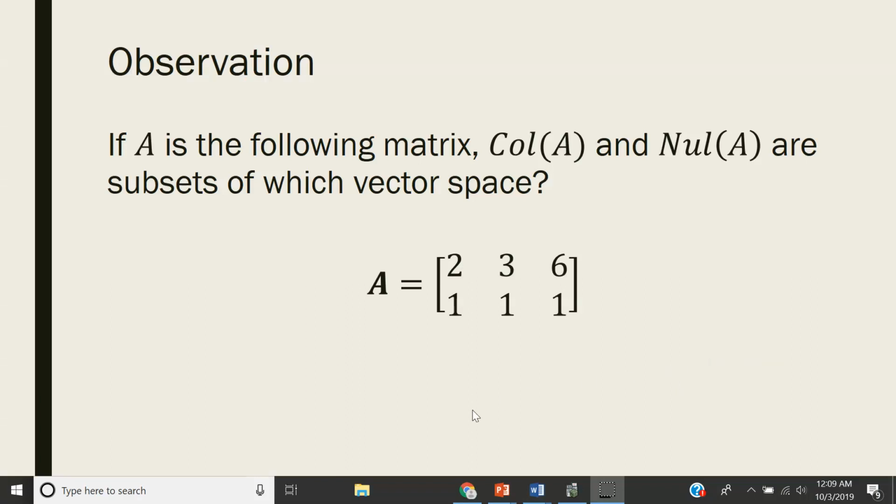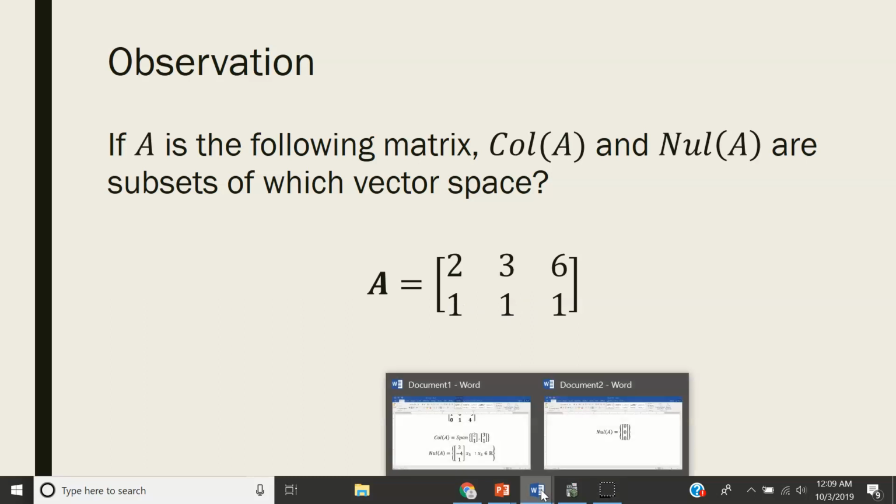Now we can make the following observation. Because our matrix was a 2 by 3 matrix, I want you to notice that the column space was a subset of R2, and the null space was a subset of R3.